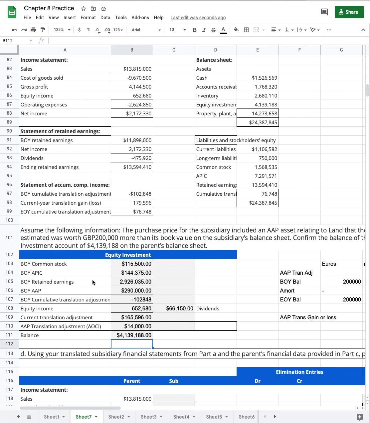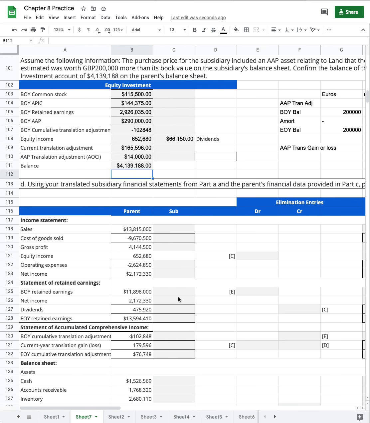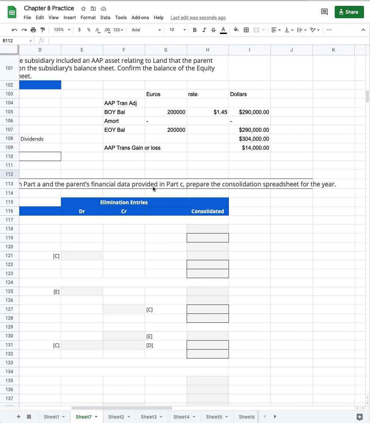And if I were doing this T account, this beginning of year cumulative translation adjustment would have been on the credit side rather than listing a negative number. So I think that might have just been a weird glitch in the software. And so then finally, we're using our translated subsidiary financial statements from Part A and the parent's financial data provided in Part C to prepare the consolidation spreadsheet for the year.